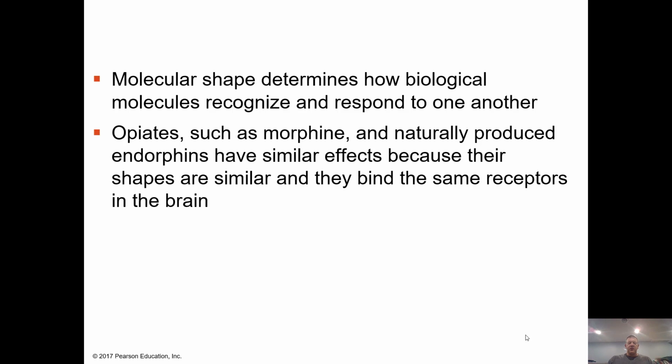But the way in which the messages are received is through shape. There's a receptor, and if something fits in that receptor, then the message is received. If it doesn't fit in the receptor, then no message has been received.